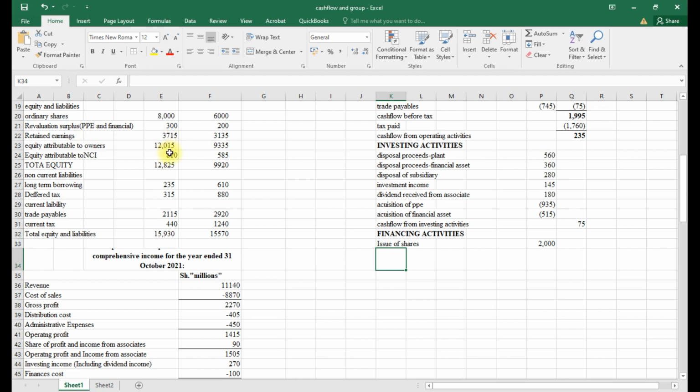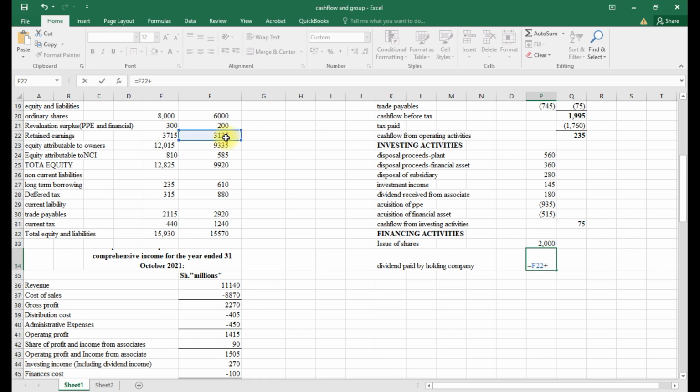We look at the retained earnings, the dividend that we paid, dividend paid by holding company. So we shall deal with the retained earnings. At the beginning we had 31.35.